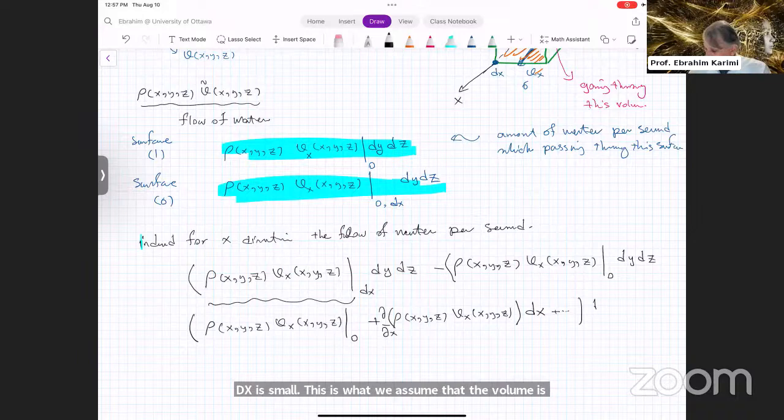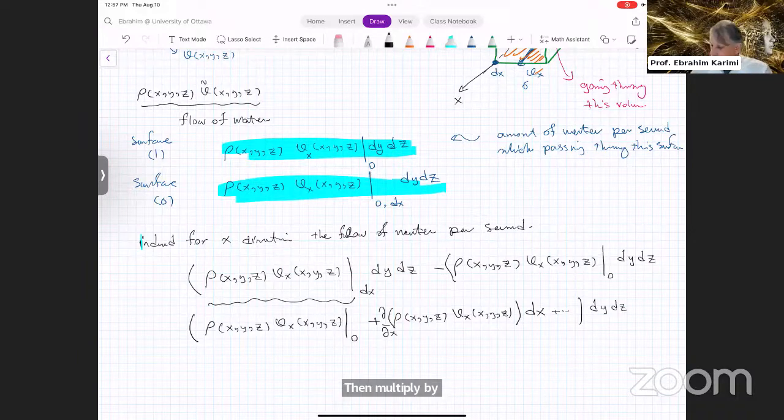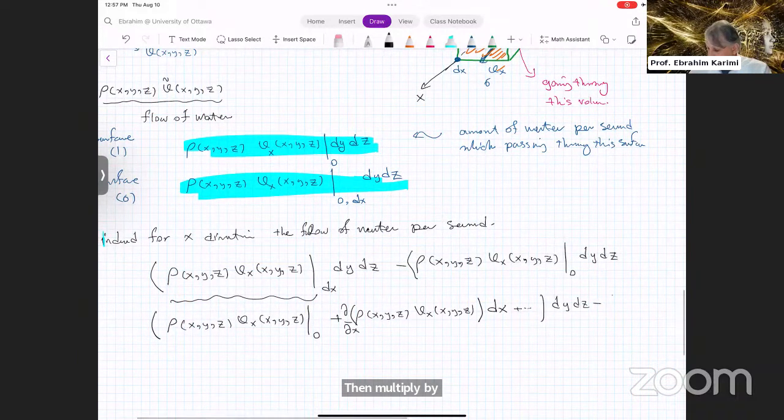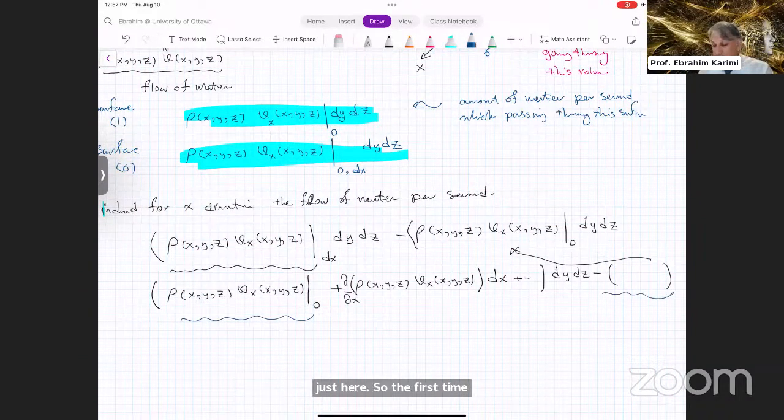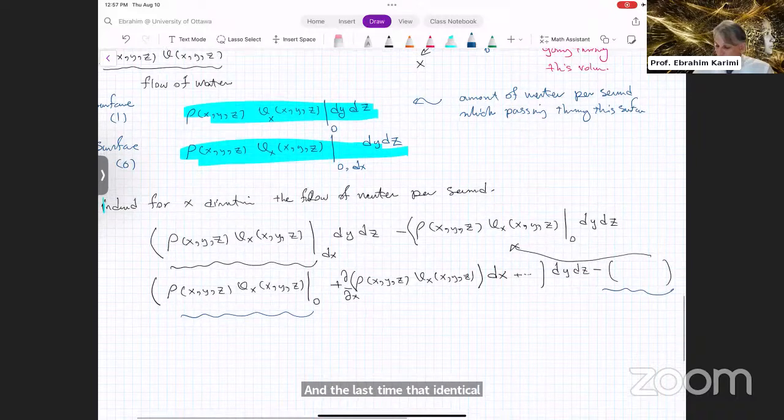Then multiplied by dy, dz, minus the other term, which I have just here. So the first term and the last term are identical.